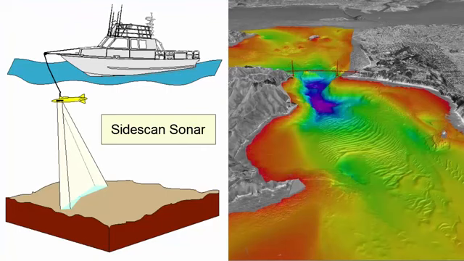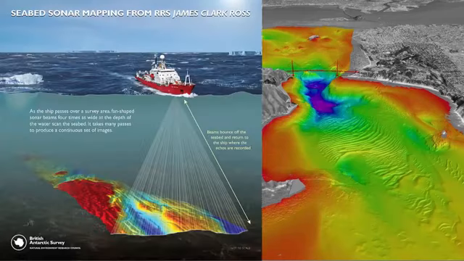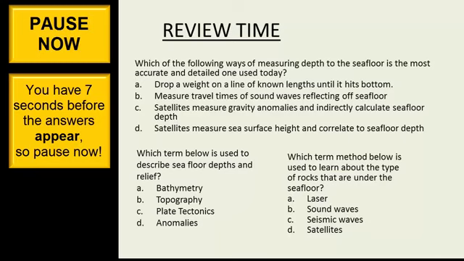However, the effort provides us with detailed maps like this one that clearly shows the bathymetry under the Golden Gate Bridge, with the deepest areas in blue and the shallowest in yellow. Most of the seafloor images that you will see in this class were developed using some kind of sonar technique.